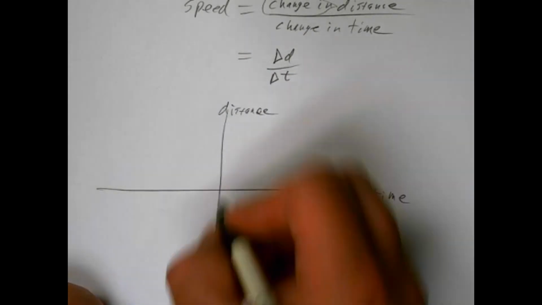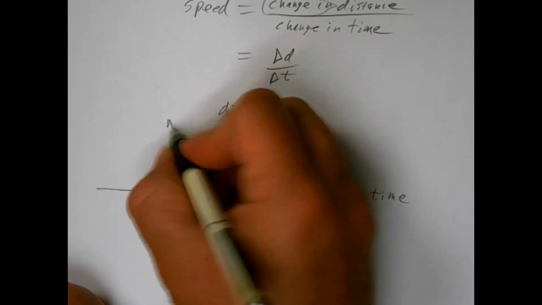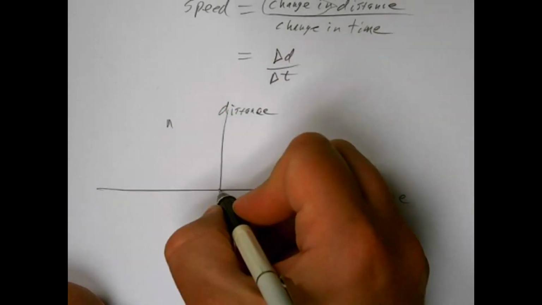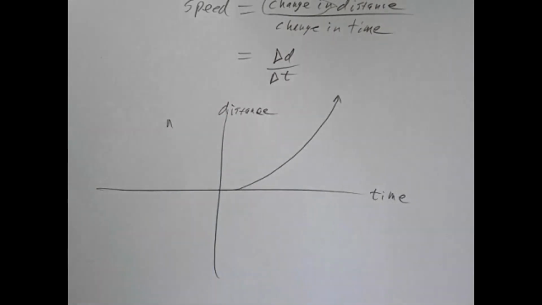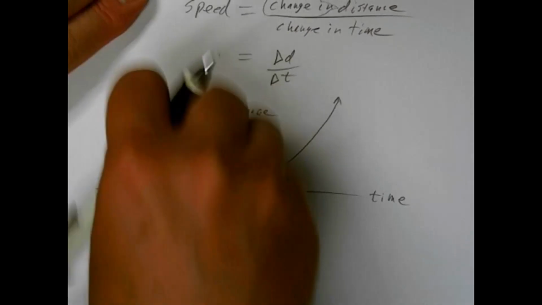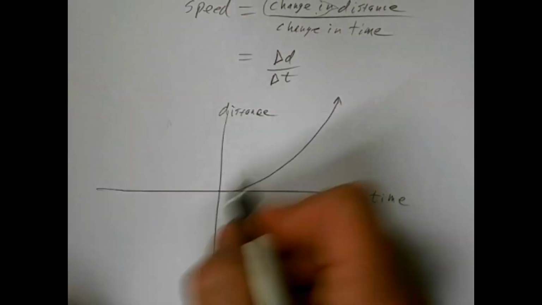If that curve looks something like this, it might remind you of that parabola curve. I started to draw a part over here, but we don't need that part. We need just this part.